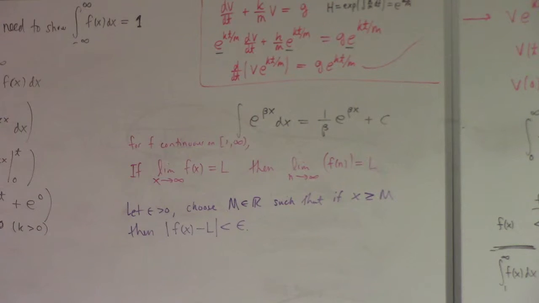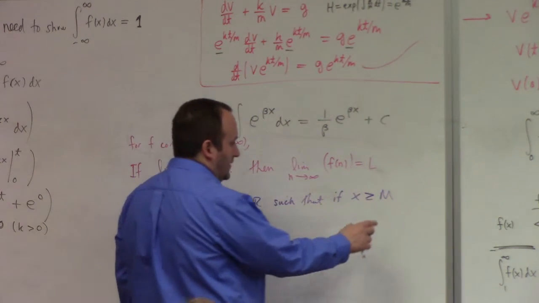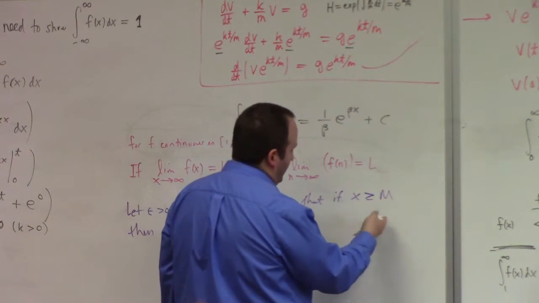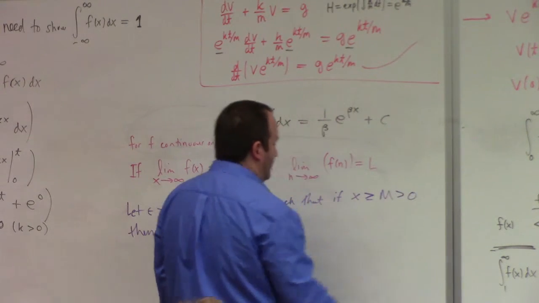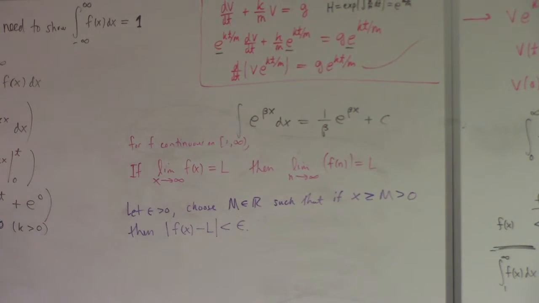A continuous infinite limit means that for each epsilon greater than 0, you can choose m, which I usually think of as being greater than 0. Anyway, you can choose some number such that if you go beyond that number to the right on the number line, the distance between f of x and L is less than epsilon. This implication is forced. It has to happen if we're given the limit exists. That's what it means to say the limit as x goes to infinity of f of x is equal to L.